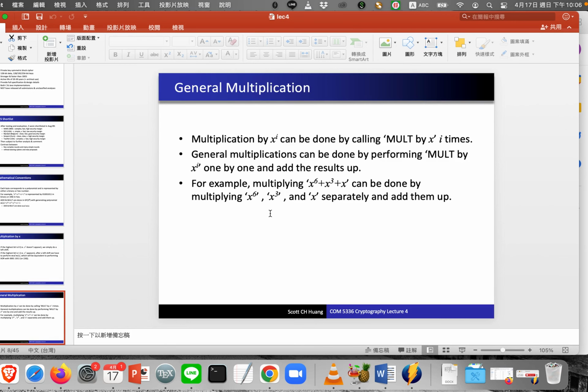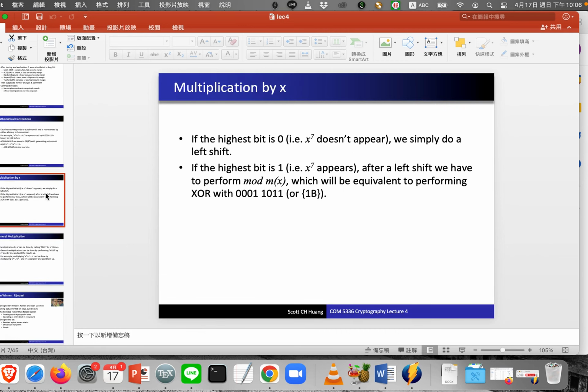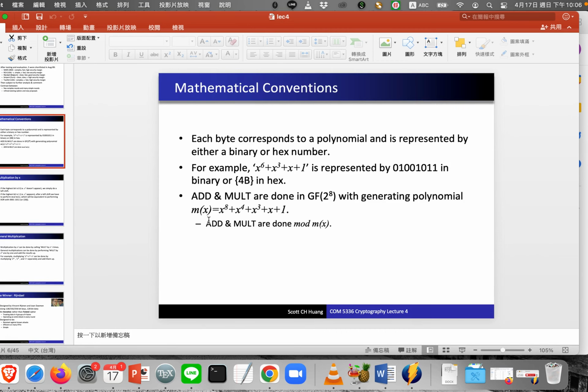What are these field numbers? Those field numbers, they are actually polynomials, if you guys remember, those are polynomials mod this m(x). Anyway, let's take the identity 1. If we keep adding, 1 plus 1 is actually 0.